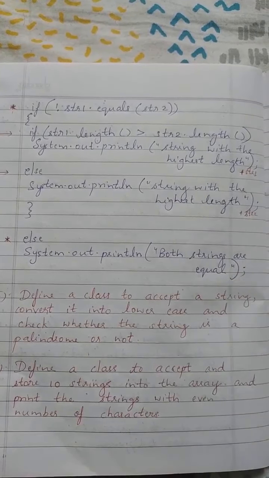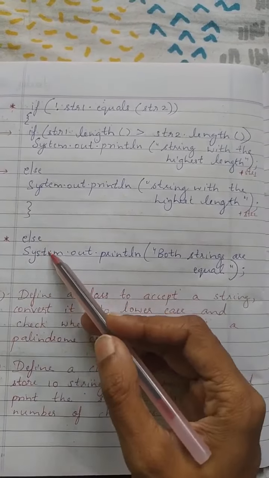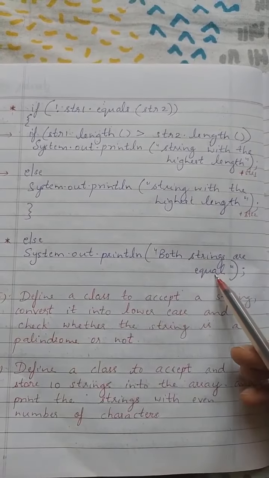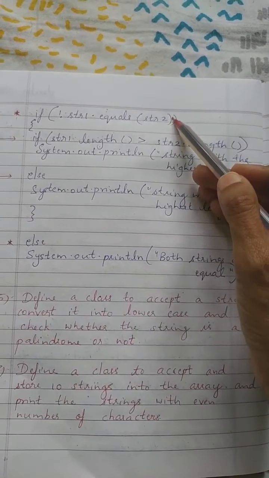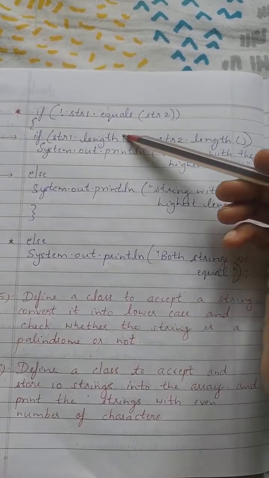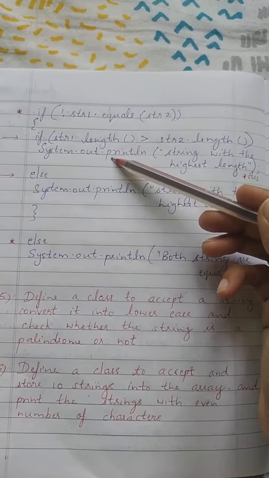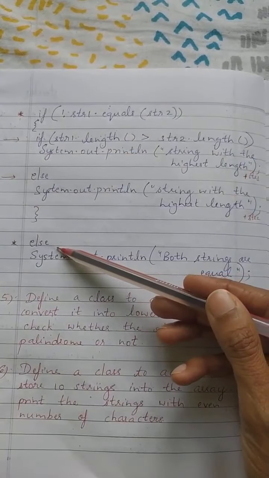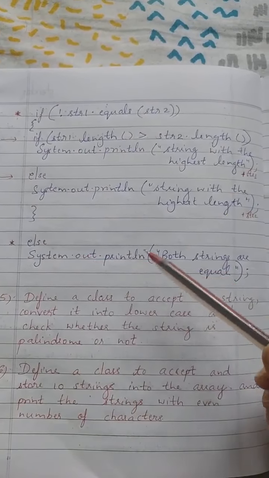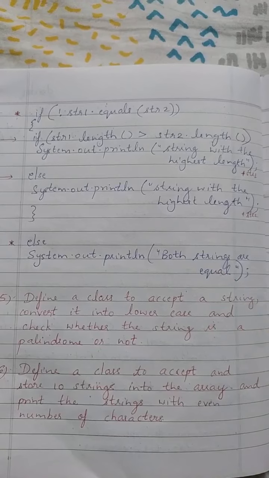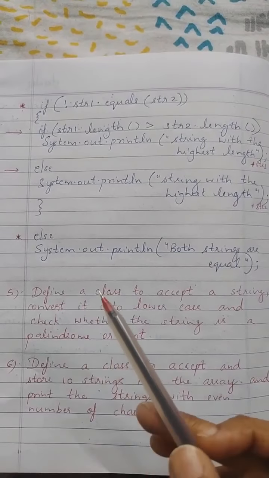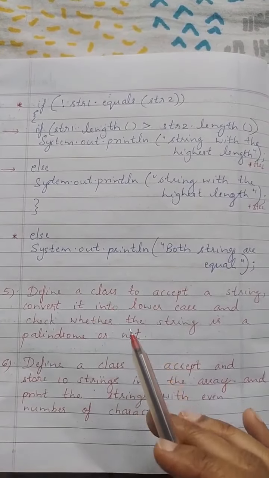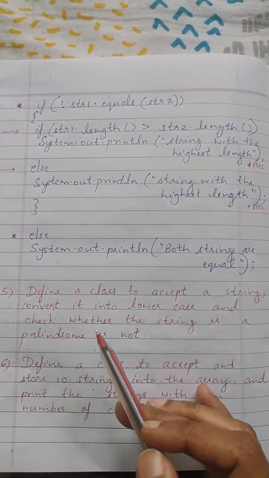Okay, and if both the strings are equal, you can print both strings are equal. So according to this condition, you can find the length of the string. But if both the strings are equal, means you can use this else condition and you can print both strings are equal.